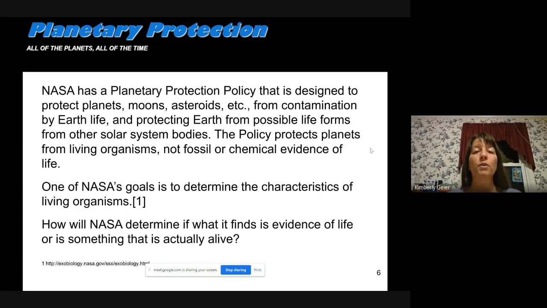When there was the moon landing, for example, and they collected a whole bunch of moon rocks and brought them back to Earth, there was actually a big fear that there was going to be some disease from the moon that would infect people here on Earth. So there was a whole quarantine process for any of the materials brought back from the moon. So this policy works both ways, and this is a real thing.